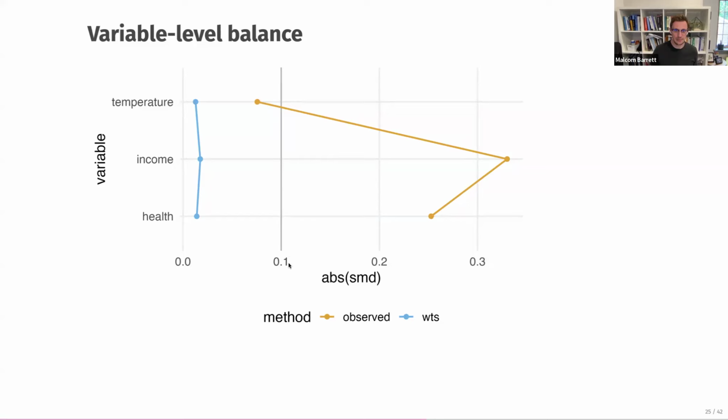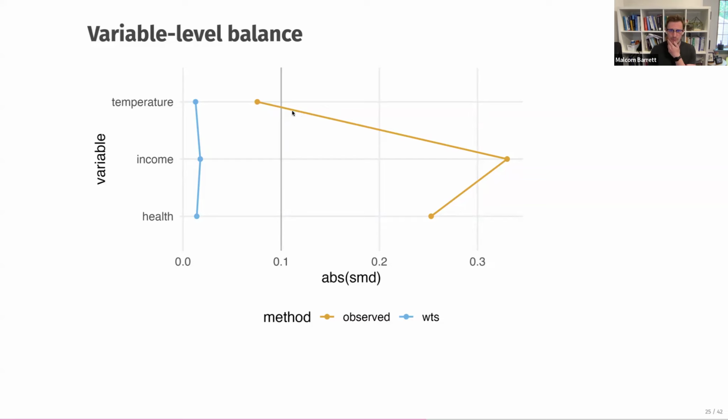You see there's this line here at 0.1. This is sort of a rule of thumb. People sometimes say 0.1 or 0.2. These are good rules of thumb for saying that there's a meaningful difference statistically between the groups. Rules of thumb are just rules of thumb. We don't put a lot of weight, excuse the pun, onto those personally, but it's a way of thinking about it that represents the amount of difference.